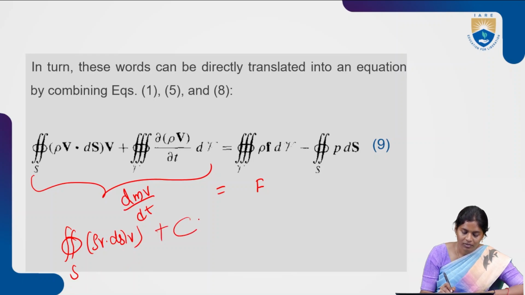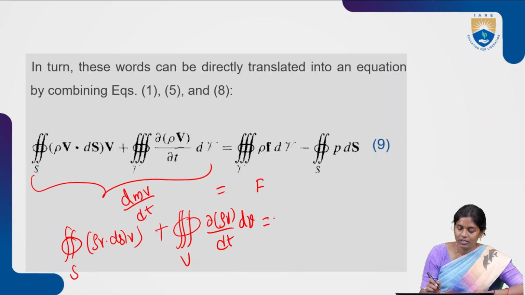Then the volume integral, where if inside a fluid element we have any fluctuations, how it will change. That is equal to again the body force. For the control volume we have the volume integral of rho f dV, which is nothing but the product of mass and force per unit mass, right?